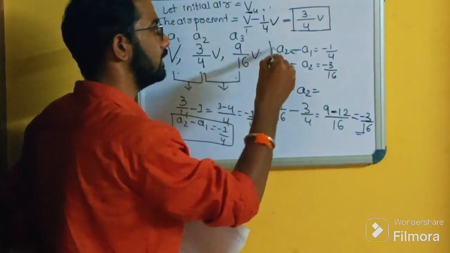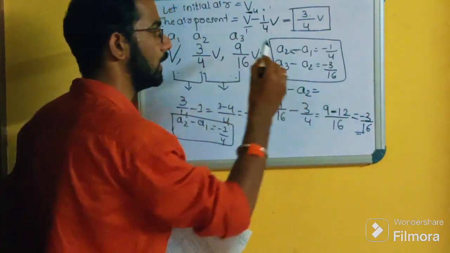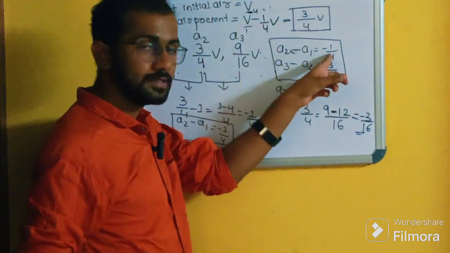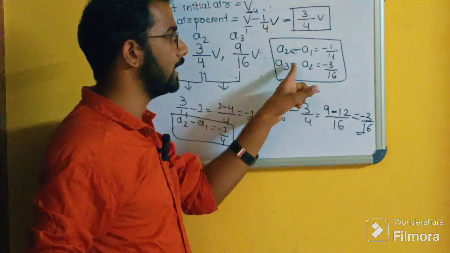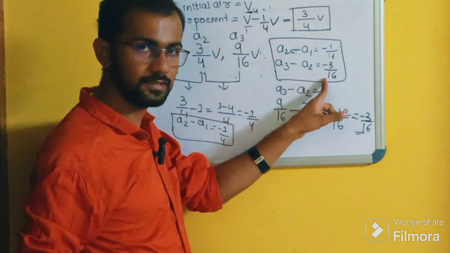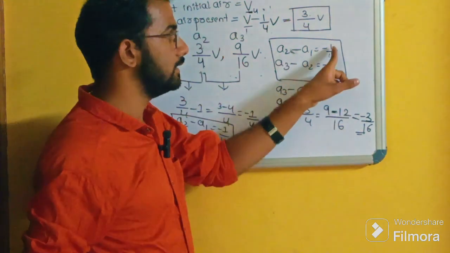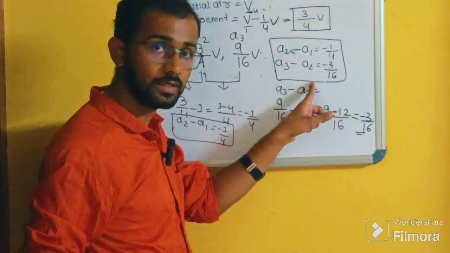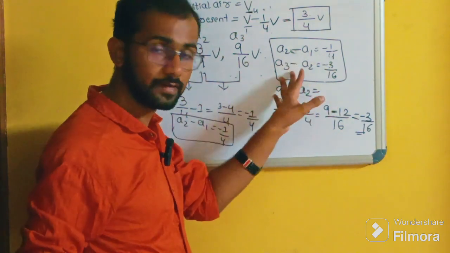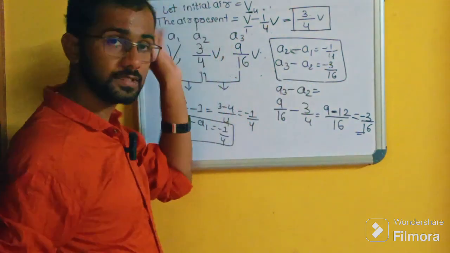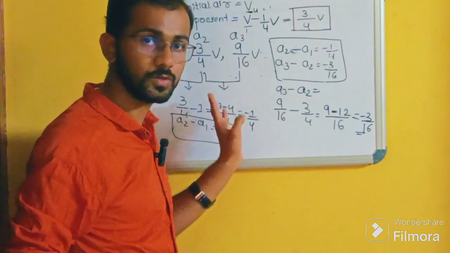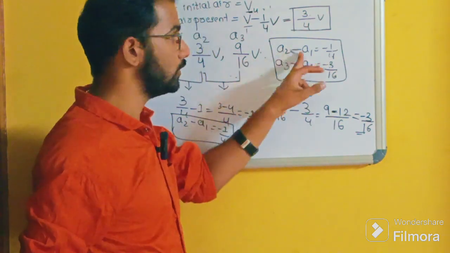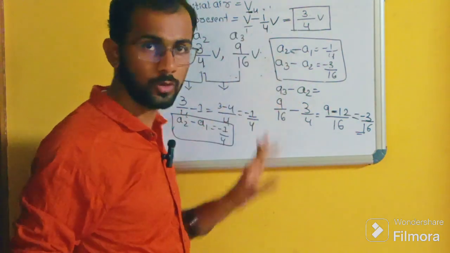The difference between two consecutive numbers is not the same, it is different. That's why this sequence does not form an arithmetic progression. So this is how we can solve it.